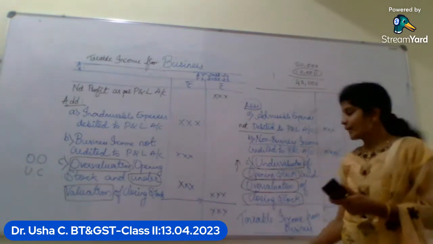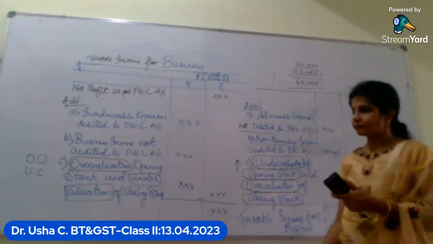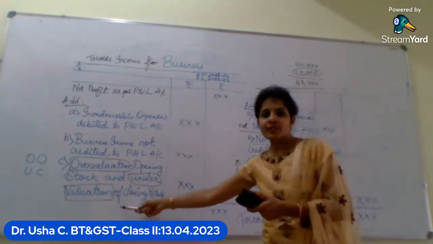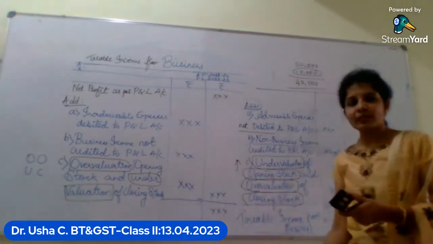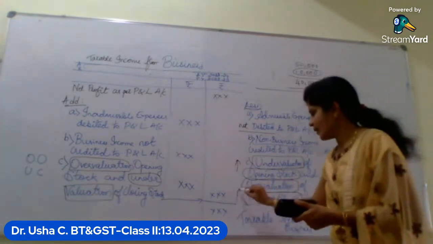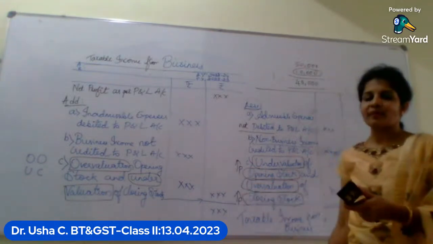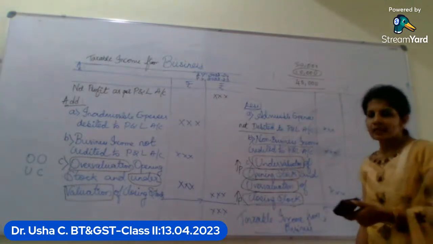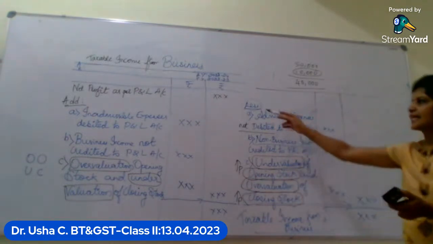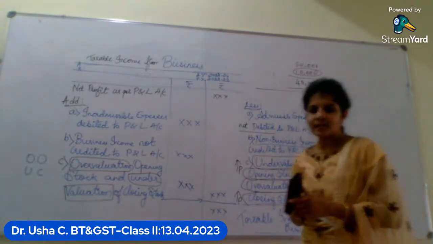Undervaluation of closing stock leads to decrease in profit, which means overvaluation of closing stock leads to increase in the profit. So in order to reduce the profit and know the exact profit, we have to deduct on overvaluation of closing stock. Understood?